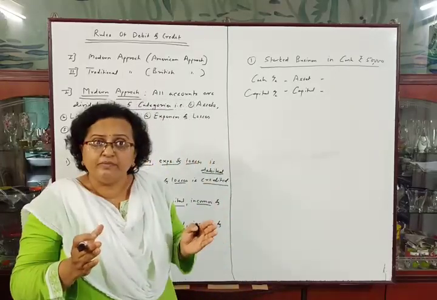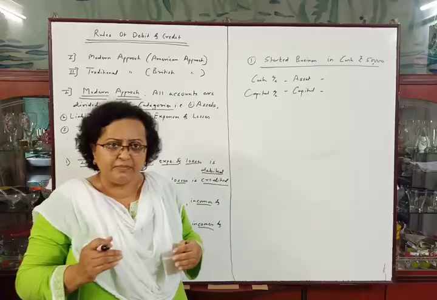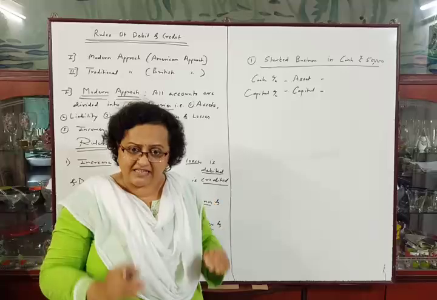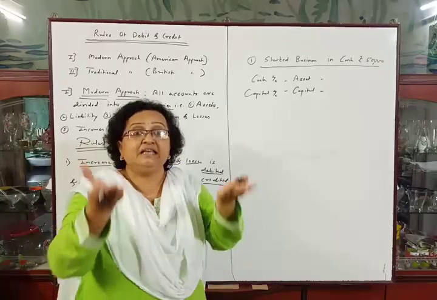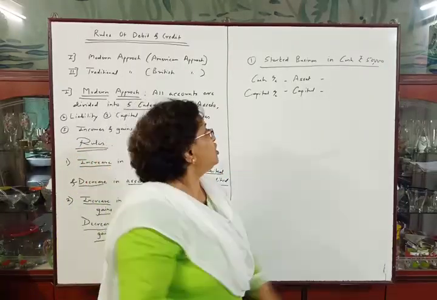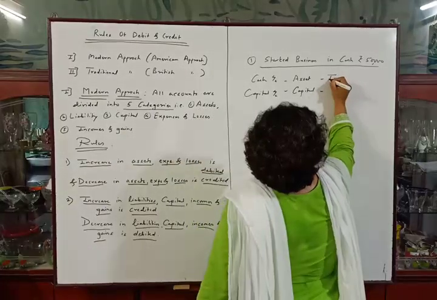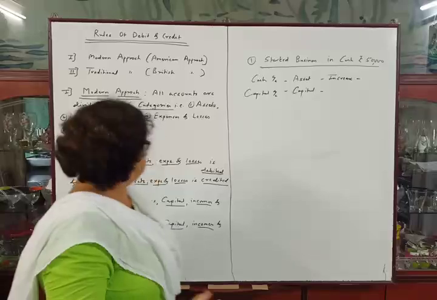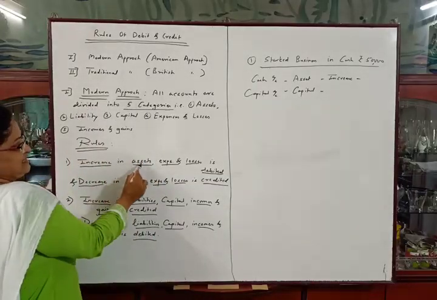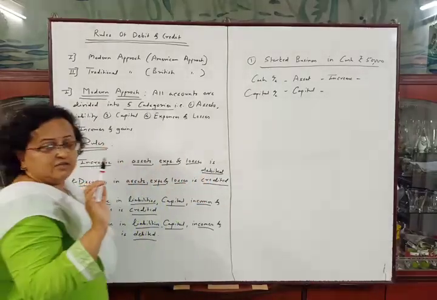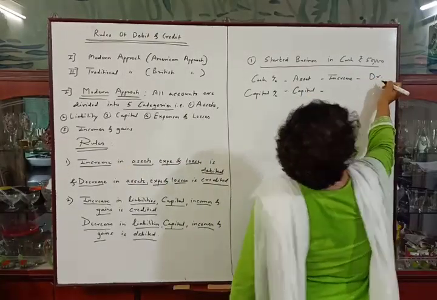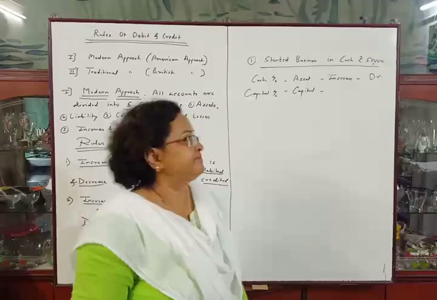From the point of view of the business, cash is coming into the business. It means cash, this asset of the business, is increasing. So there is an increase in this asset, so we will write increase. And this rule says that increase in assets is to be debited. So we have to debit this account, cash account. This is the short form of debit.